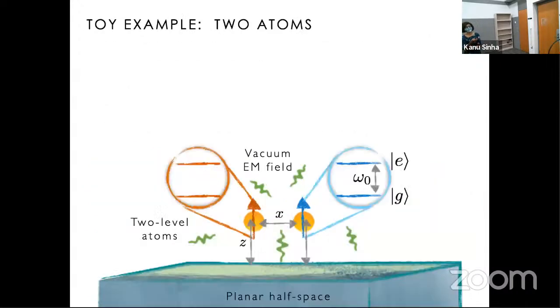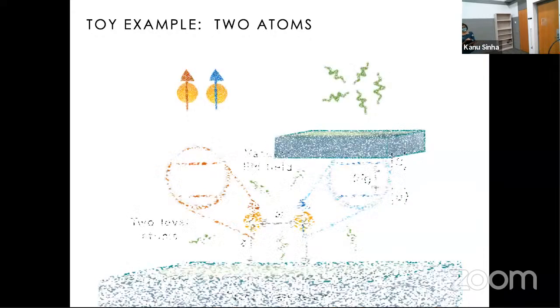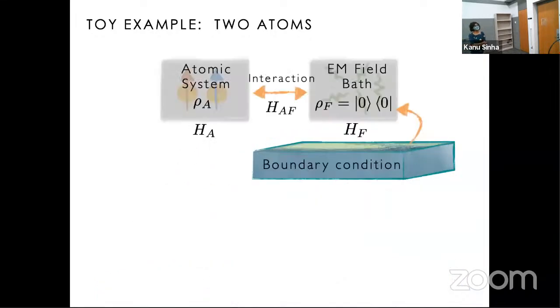And we can draw a toy model to make this intuition more concrete. So let's say, as a toy example, we consider two atoms, a red atom and a blue atom, close to a surface interacting with a vacuum electromagnetic field. And we can analyze the system from, again, an open quantum systems perspective, where we consider the atoms to be the system, the electromagnetic field to be the bath, the density of modes of the bath being modified by some boundary condition.